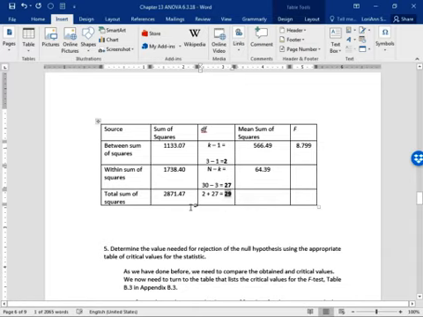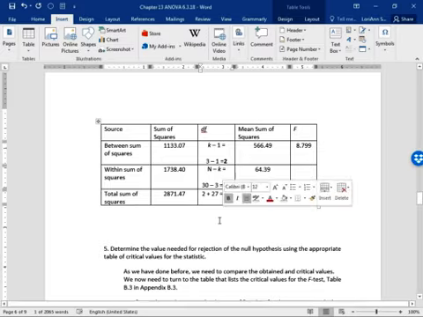Okay, and the F ratio is simply a ratio of the mean sum of squares due to the between group differences to the mean sum of squares due to the within differences.